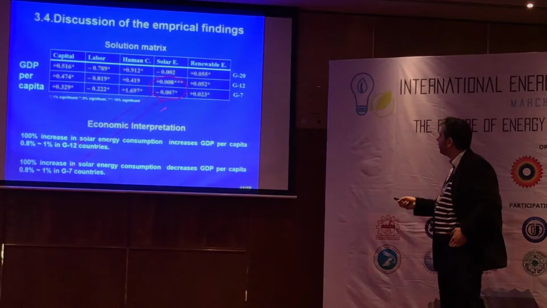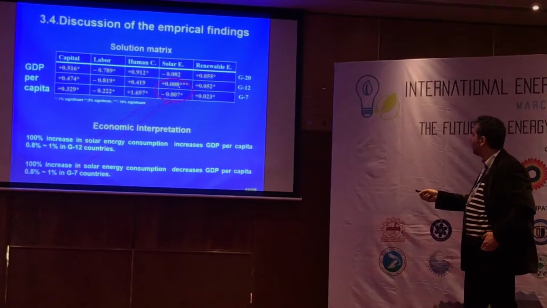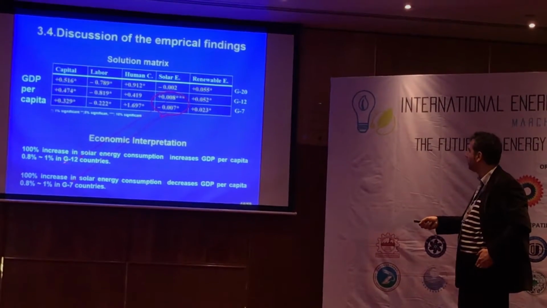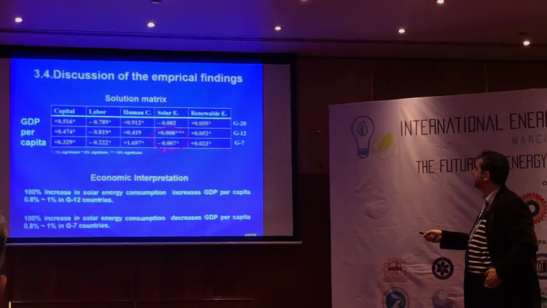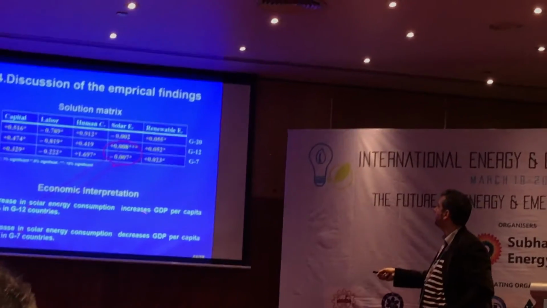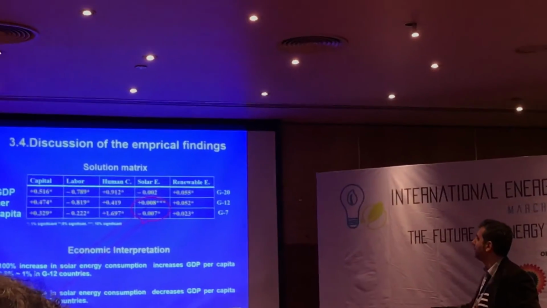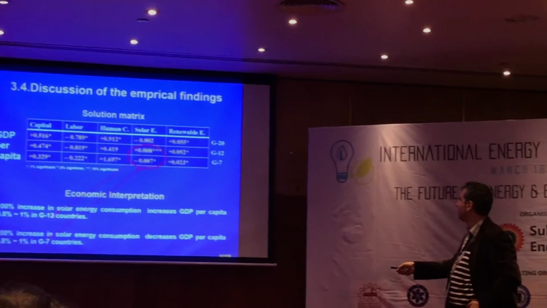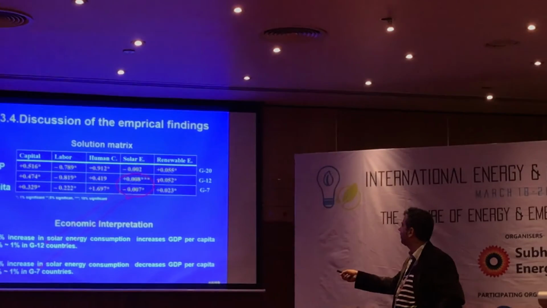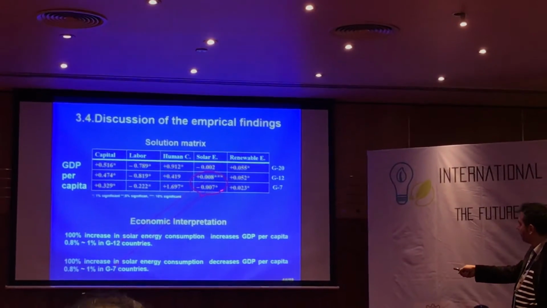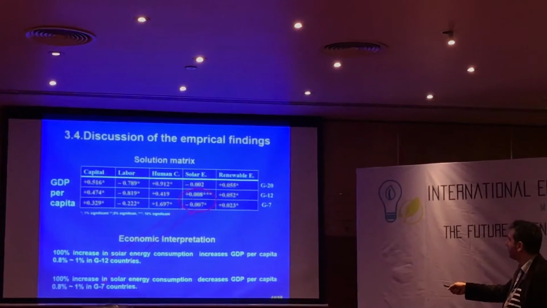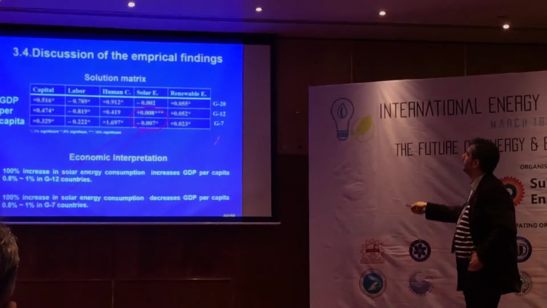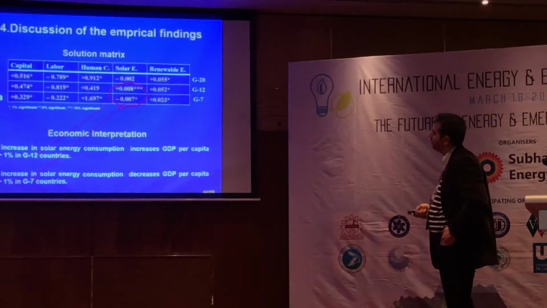Let me explain what is going on in here. For example, solar energy consumption affects GDP per capita. A 100% increase in solar energy consumption increases GDP per capita 0.8% or 1% in G12 countries. And we found significant results in those countries, and the other measurements are as you see here.